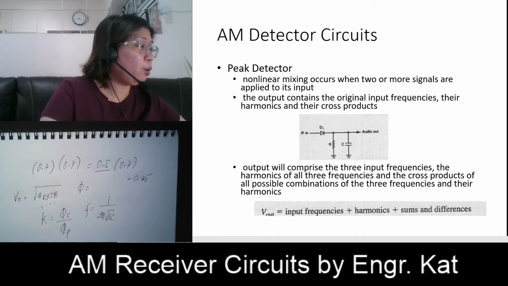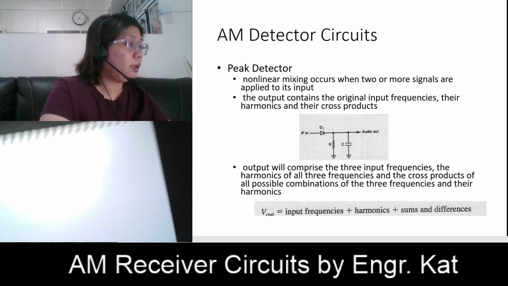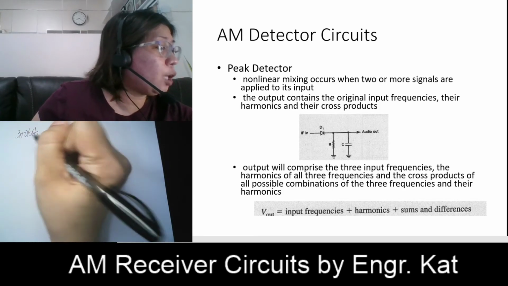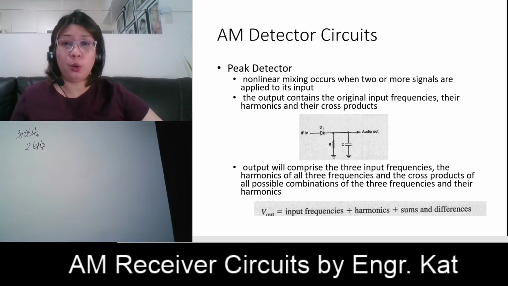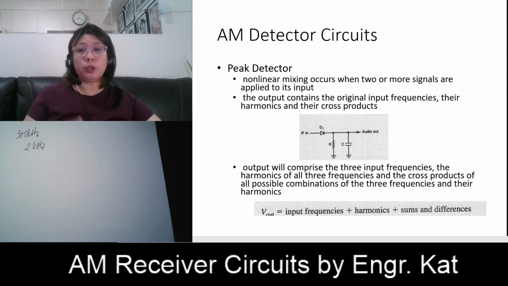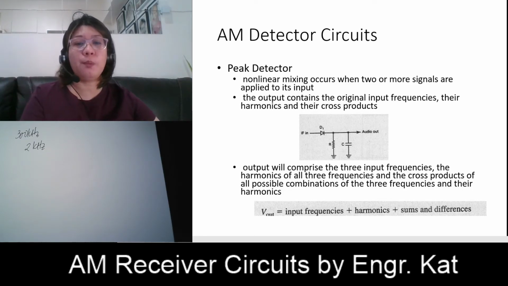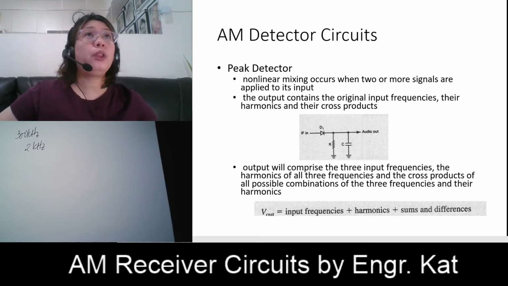So for example, we have a carrier frequency of 300 kilohertz, and we have a modulating signal of 2 kilohertz. Okay, so what is the output for our peak detector? The output is the input frequencies plus their harmonics and their sums and differences. So what are those?